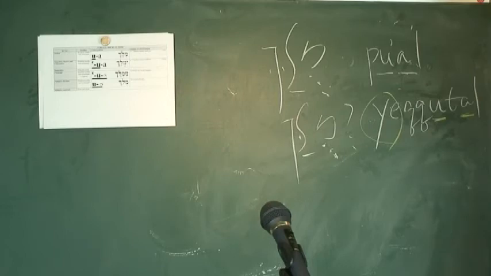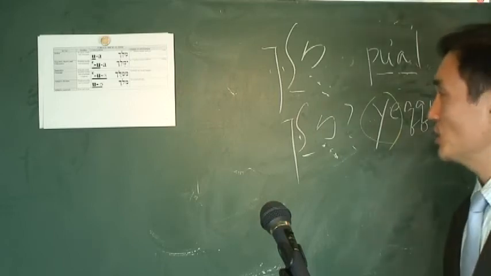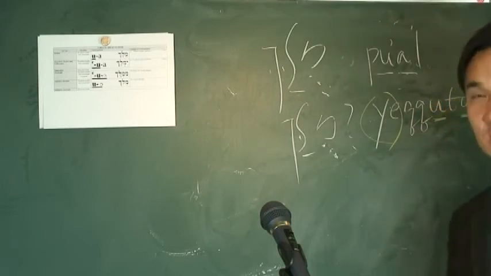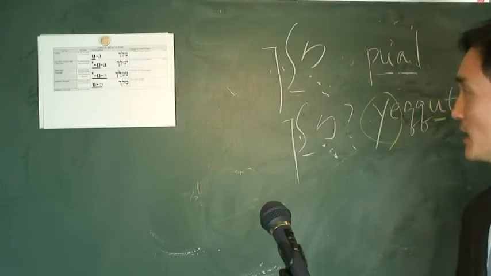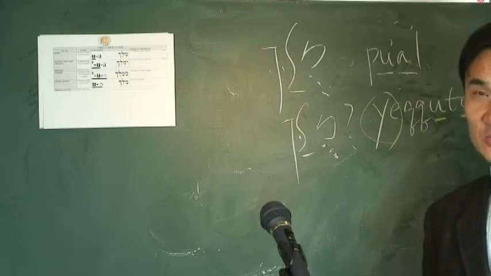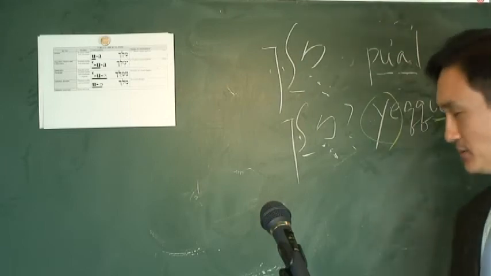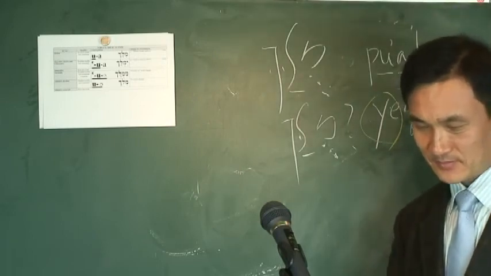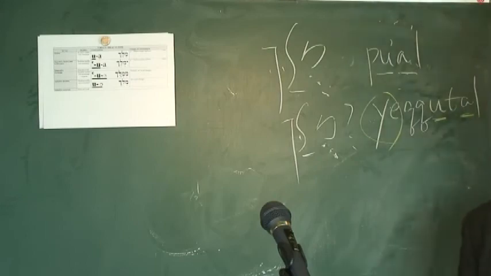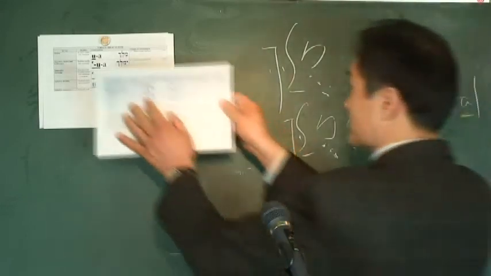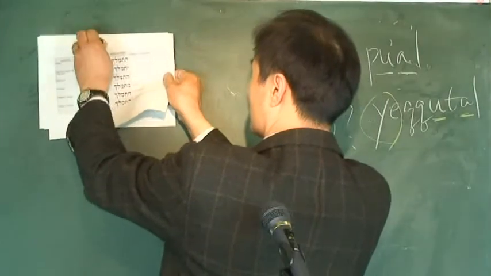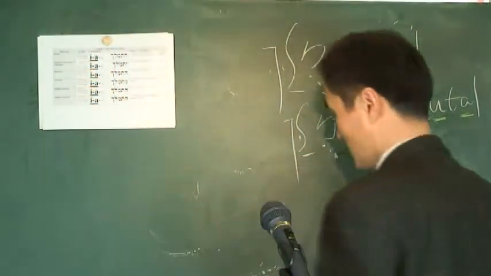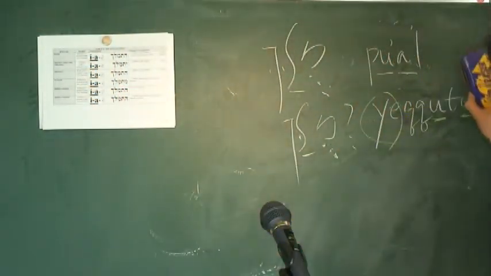In order to do so, we will add prefixes to the perfect form and prefixes and or suffixes to the imperfect form. The pual verb also has participles and infinitive, absolute, and construct forms. Please refer to these and memorize them.